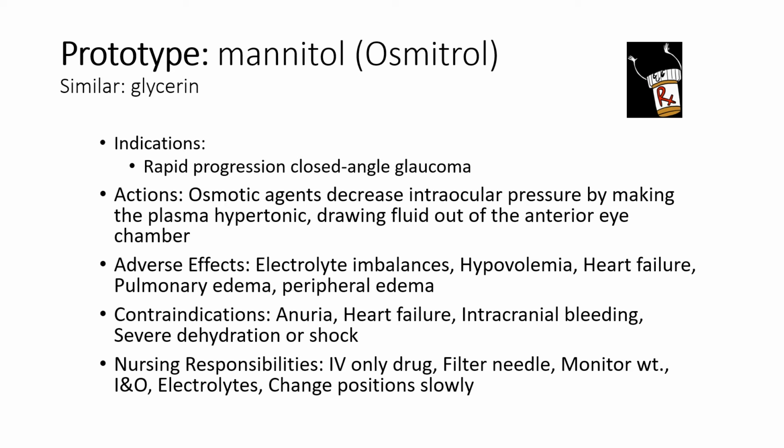We would avoid it in heart failure. We would avoid it in severe dehydration or shock because it can potentially really drop your blood pressure as it's having its powerful diuretic effect, right? And draining you of fluids and electrolytes. So this is an IV drug for emergencies like cerebral edema or closed angle glaucoma.